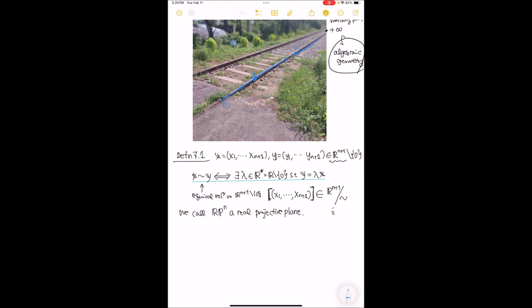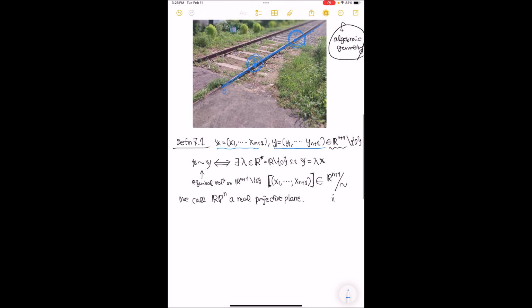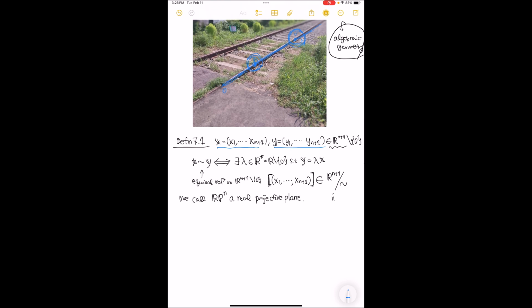We can view these two points as the same point. That point and that point are regarded as the same point. So if the points on a line are regarded as the same point, that is the concept of projective space. Okay.